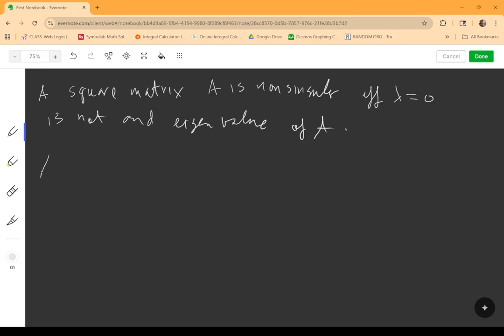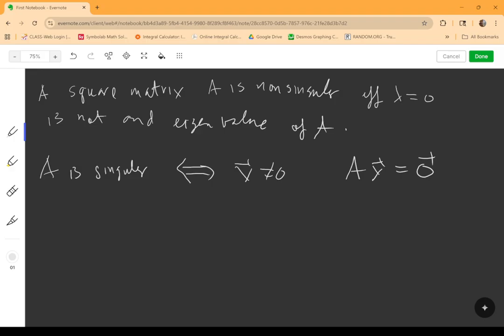If we approach it that way, we could say A is singular if and only if there exists a non-zero vector x such that Ax is equal to 0.